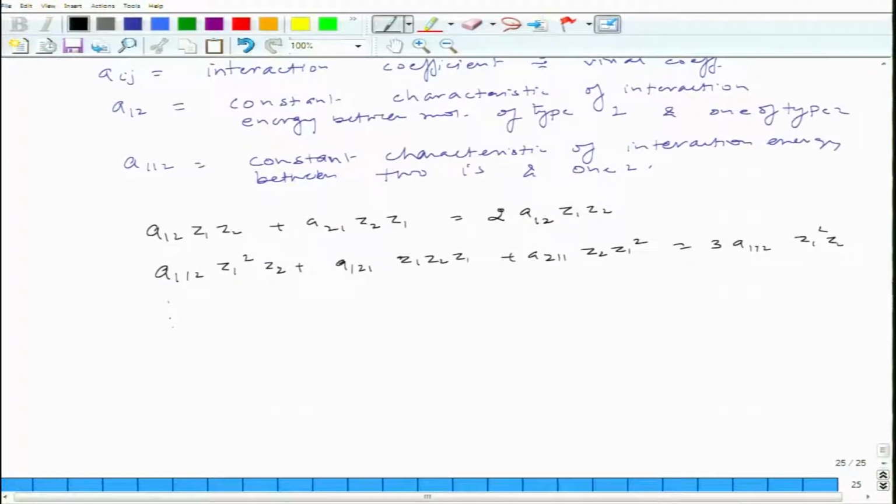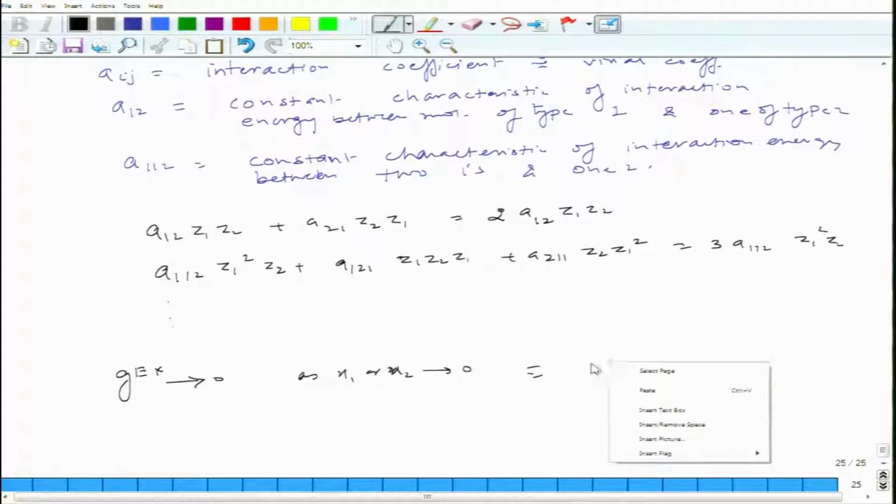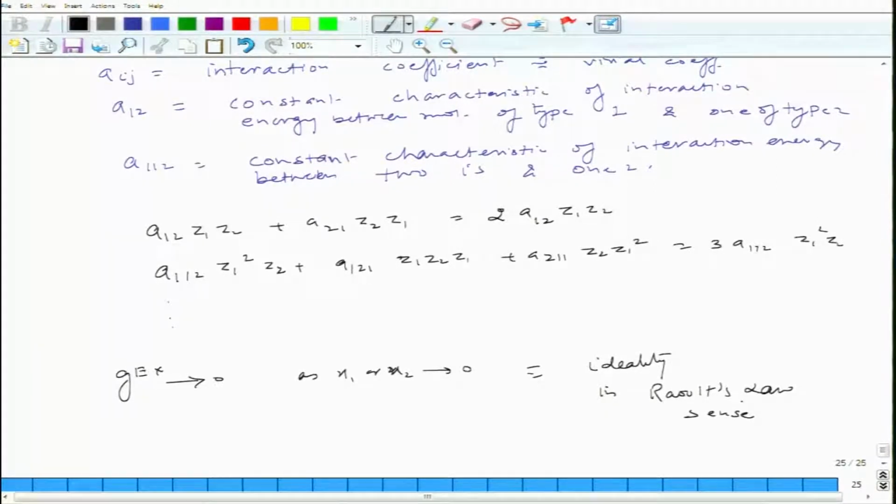Note that the expression which I have written goes to 0 as x1 or x2 goes to 0, which essentially means that this general expression of Wohl is basically considering ideality in the Raoult's law sense.